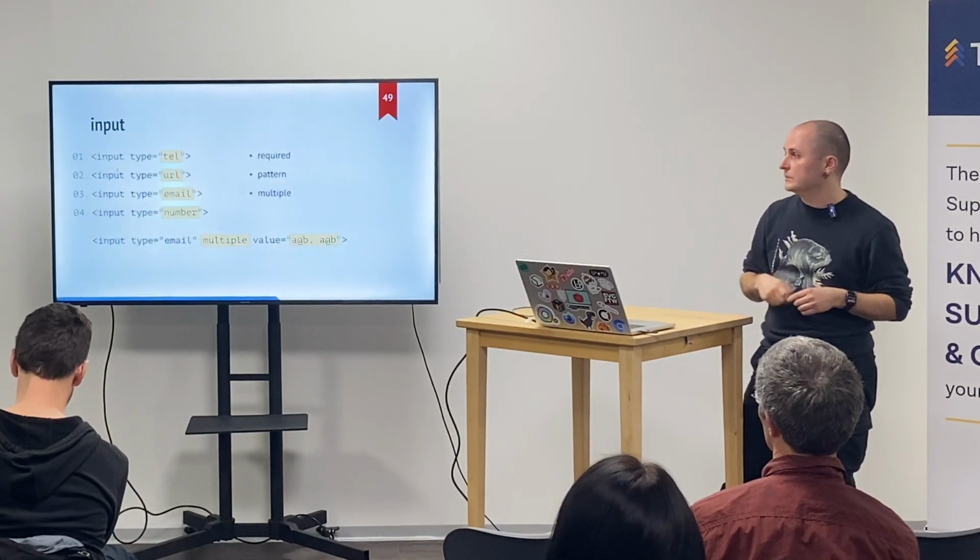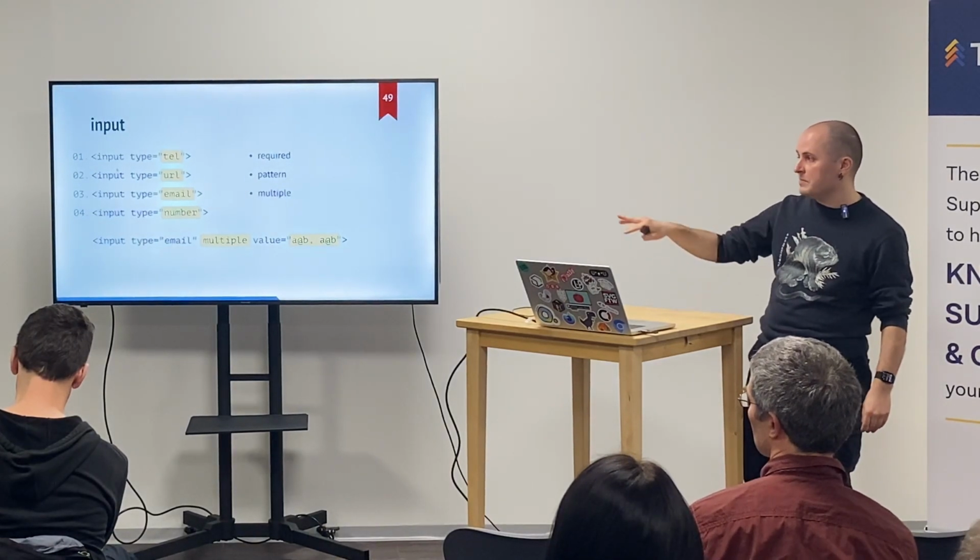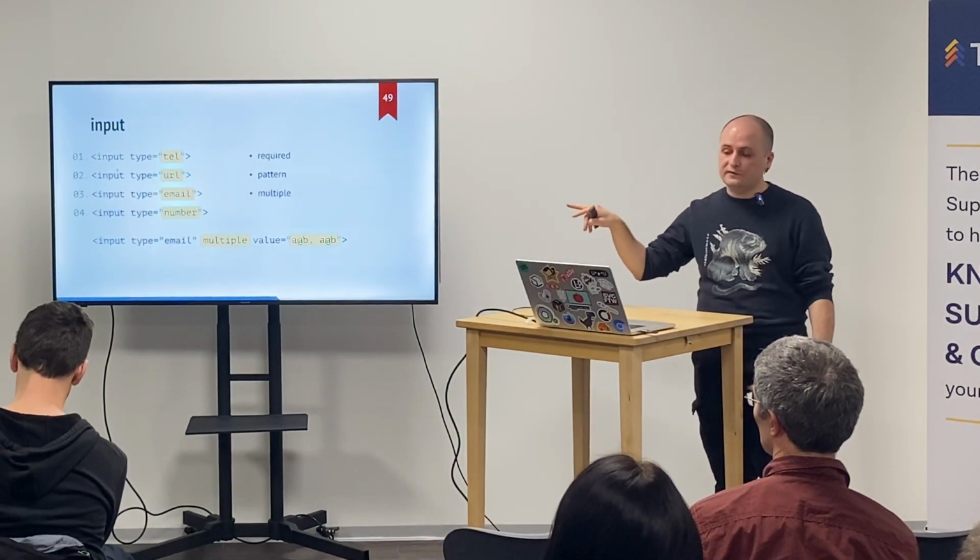If you have simple use cases where you don't have to combine all of them into a single super customizable select dropdown, please use built-in input types like tel, URL, email, number. There are many convenient attributes.